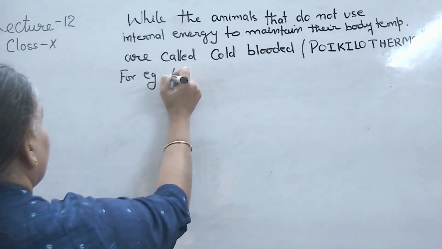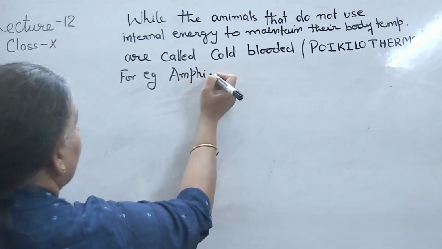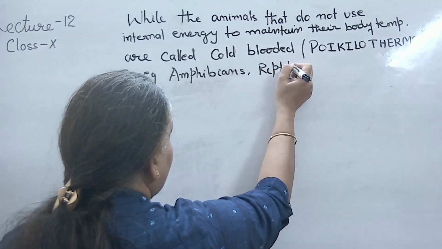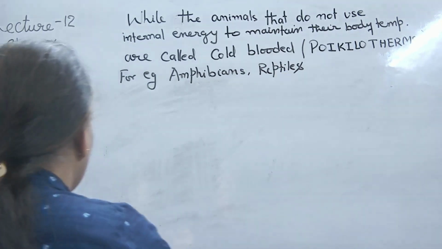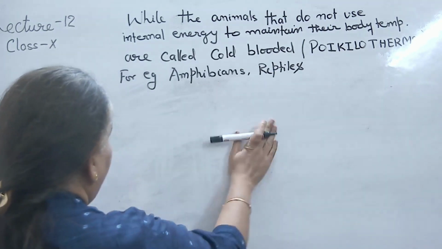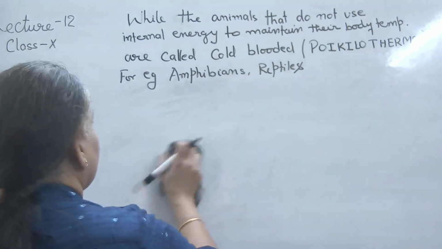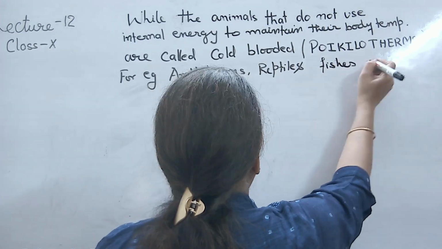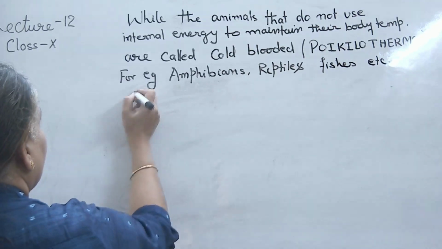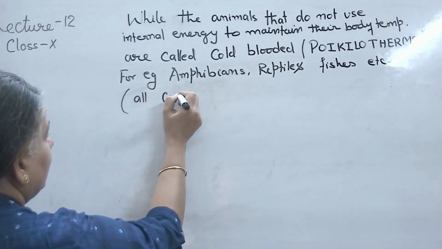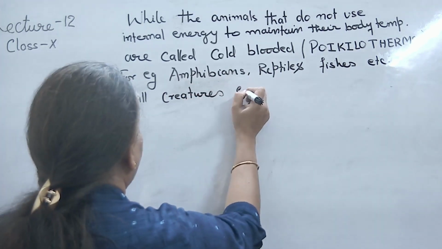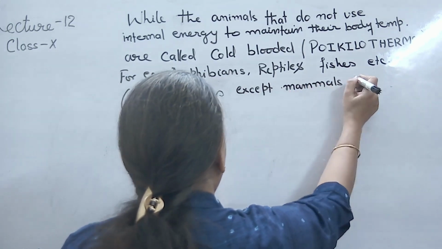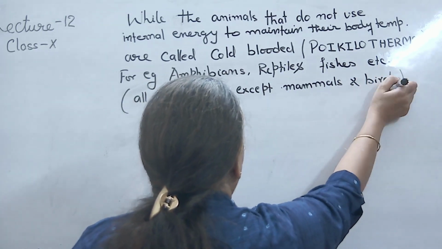For example, amphibians, reptiles, invertebrates, fishes, etc. Actually, all creatures except mammals and birds are poikilotherms.